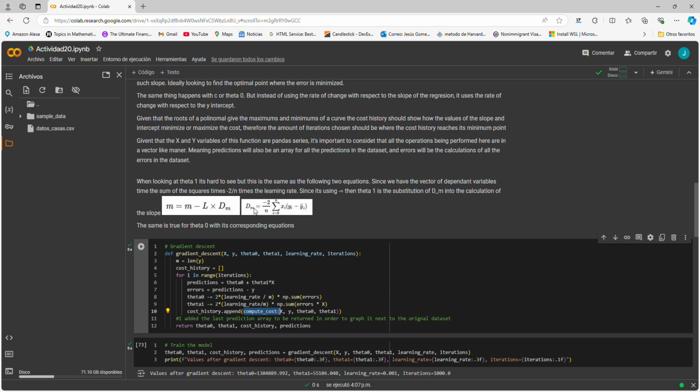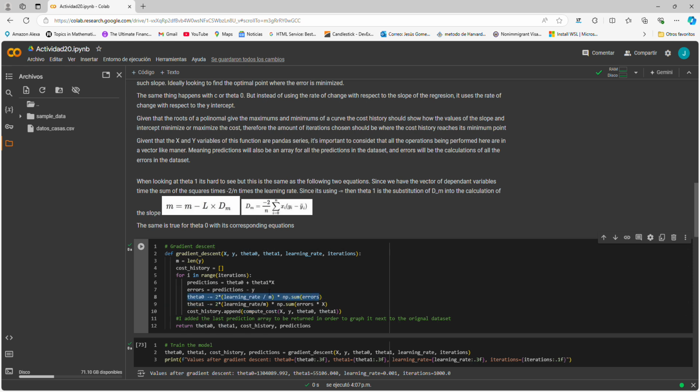So by moving through that, we are trying to find the minimum value for our errors. We're trying to find the place where our errors are minimized. And the same thing happens for the y-intercept, but that is being used for theta 0.